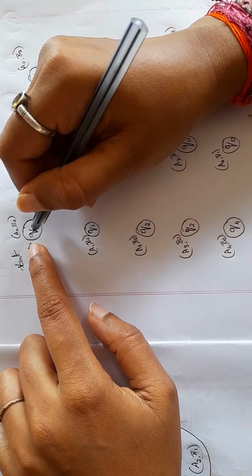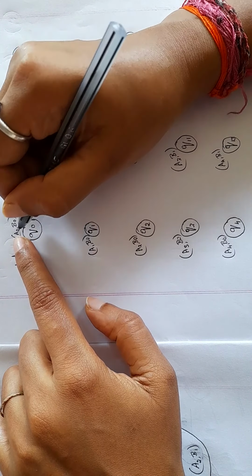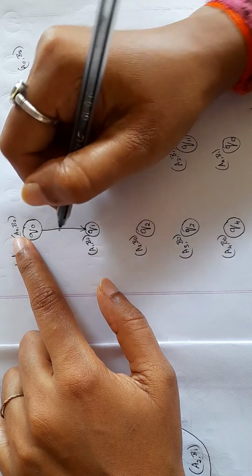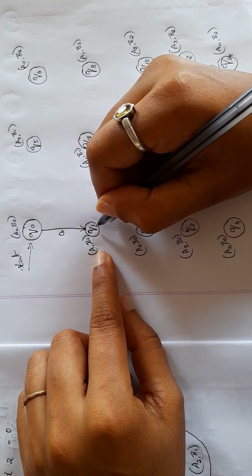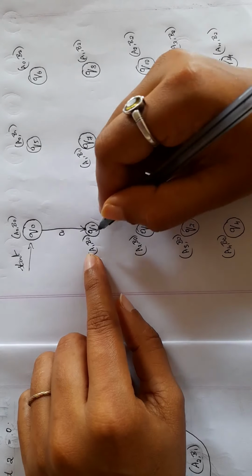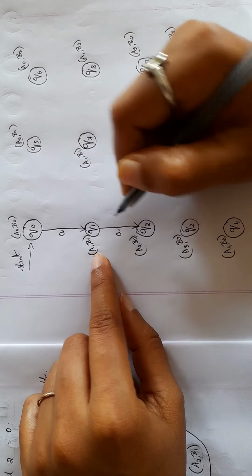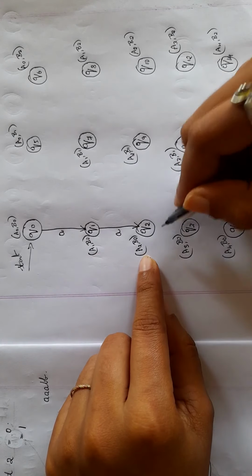Here I'll start from Q0, A0. If I read one more A, from A0 it will go to A1. From Q1, if I read one more A, it will go to A2. From Q2, if I read one more A, from A2 it will go to A3.